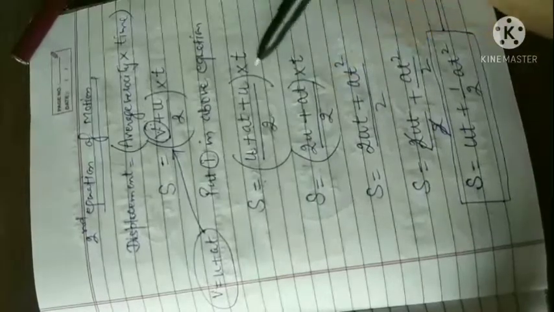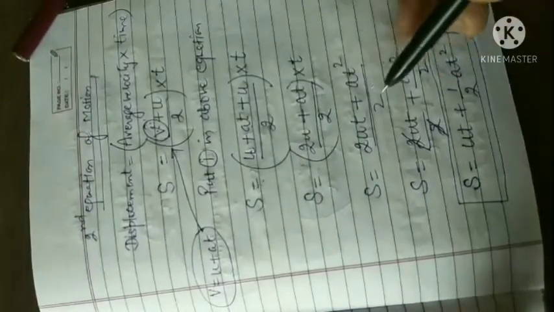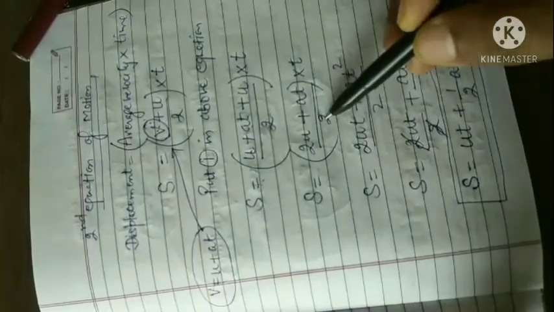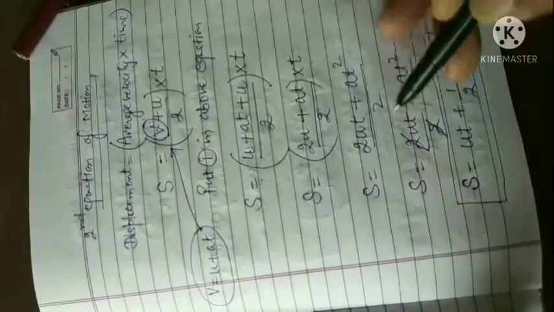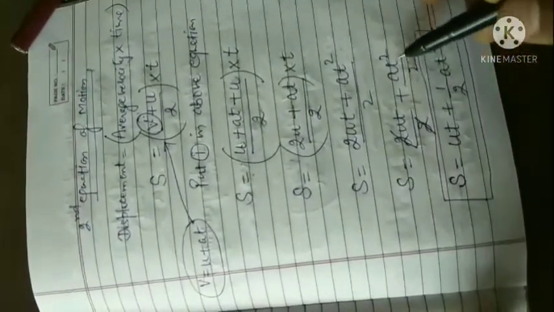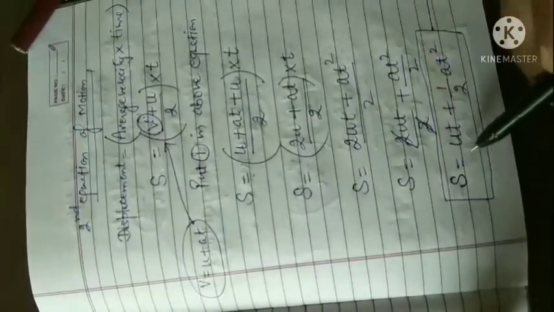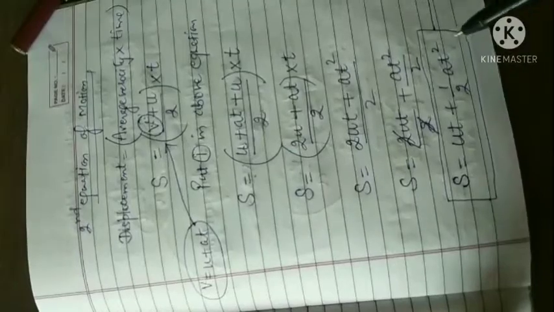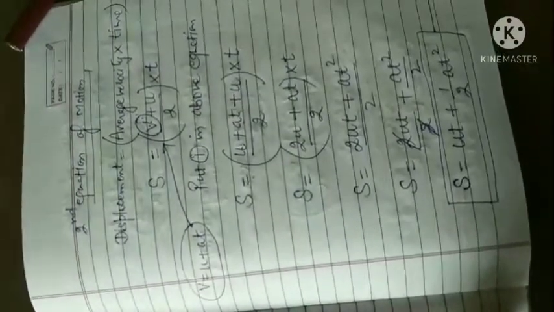Open the bracket, you will get 2UT plus AT square upon 2. Now 2 you can take in the denominator of both the terms. So S is equal to 2UT upon 2 plus AT square by 2. This 2 will cancel out and S is equal to UT plus half AT square. This is the second equation of motion.